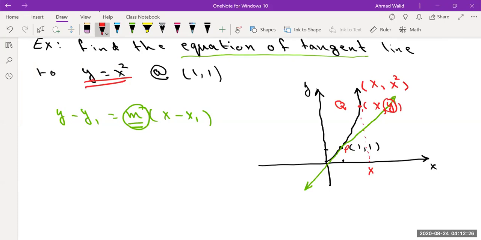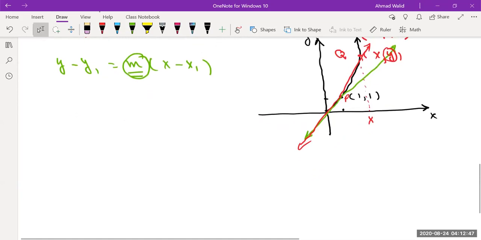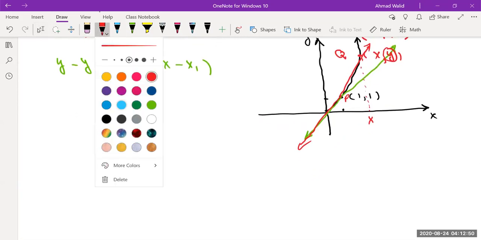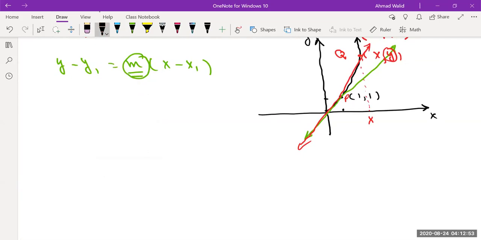Using the slope formula, easily I can find the slope of the secant line, this line. And using the idea of limits later, it's really easy to find the slope of the tangent line. I'm sure you remember the simple slope formula, m equals y2 minus y1 over x2 minus x1.